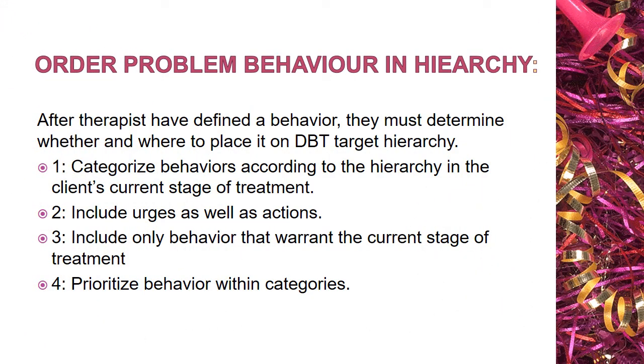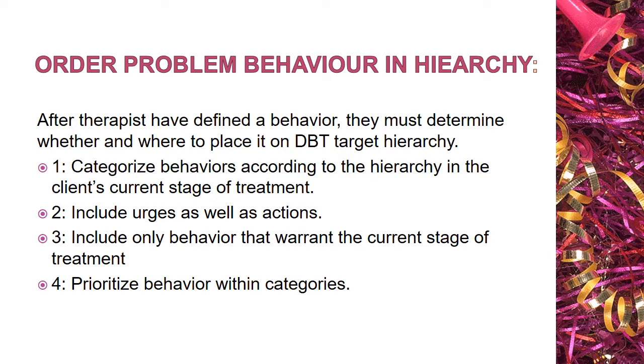Let's learn about how to order problem behavior in the hierarchy. After the therapists have defined a behavior, they must determine whether and where to place it on the DBT target hierarchy. The first part is to categorize the behaviors according to the hierarchy in the client's current stage of treatment. In the target hierarchy, there are three main categories: first, life-threatening behaviors; second, therapy-interfering behaviors; and third, quality-of-life-interfering behaviors.